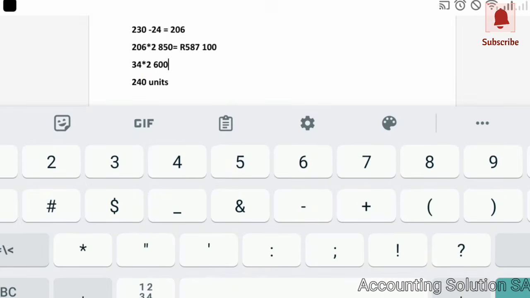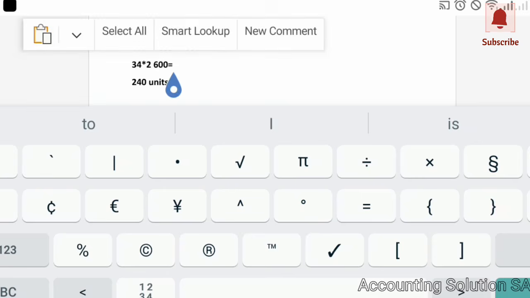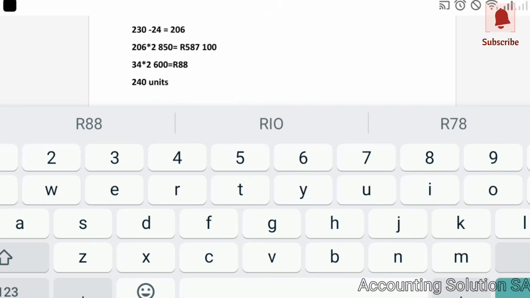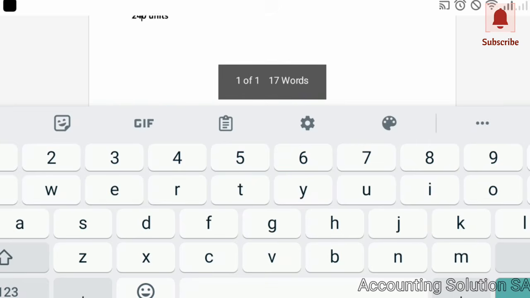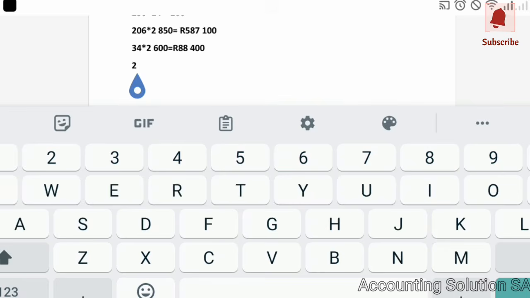Okay, then now let's calculate and see how much it is going to give us. 34 multiplied by 2,600 is going to give us 88,400. Okay, this 240 units is not an answer. I was just showing you so that you will know that the total must be 240.